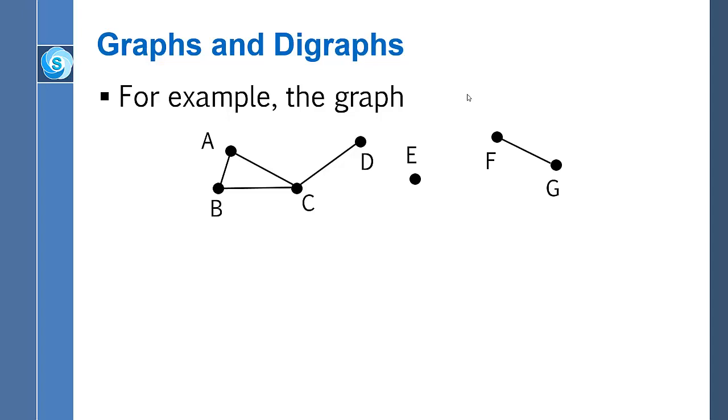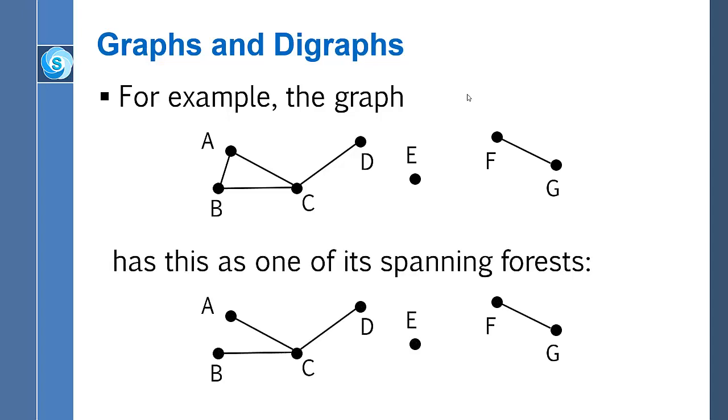Okay, well, therefore, this cannot be a forest, right? This cannot be acyclic. This is not an acyclic graph. But here is a subgraph that is both spanning and acyclic, and therefore this is a spanning forest for the original graph.